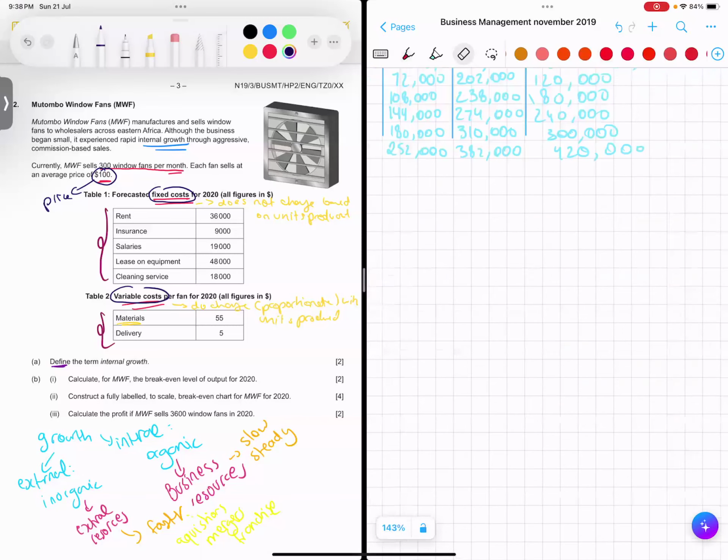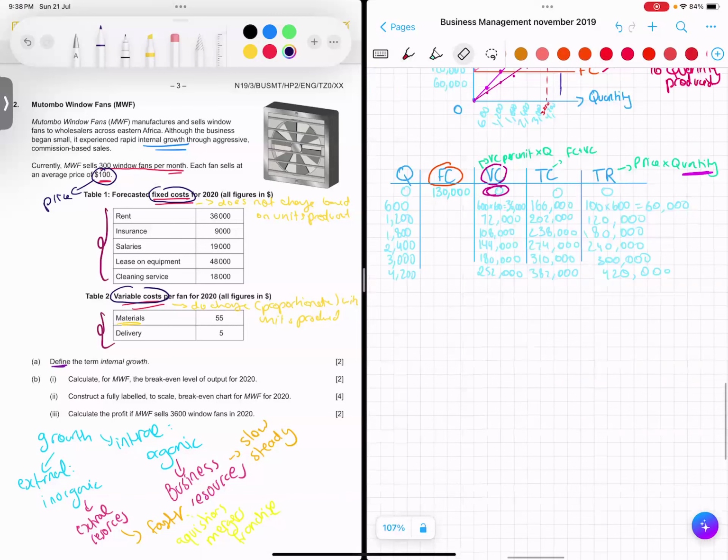Question 3. They say, calculate the profit if MWF sells 3,600 window fans in 2020. Okay, so what we have to do is check the profit, right? This is what they want, the profit.